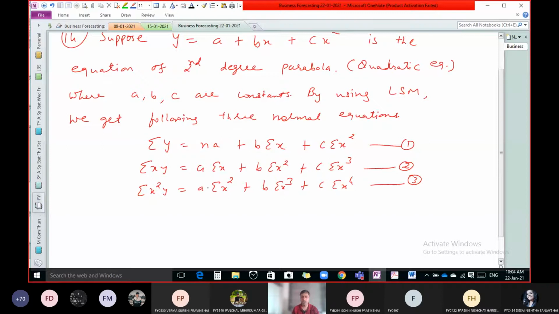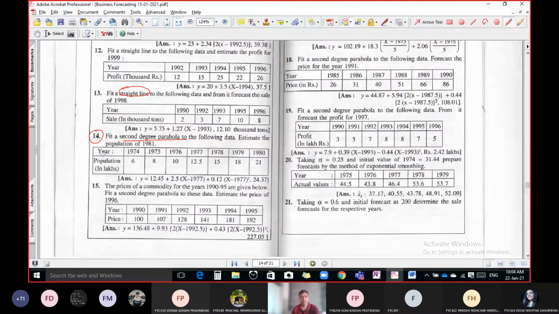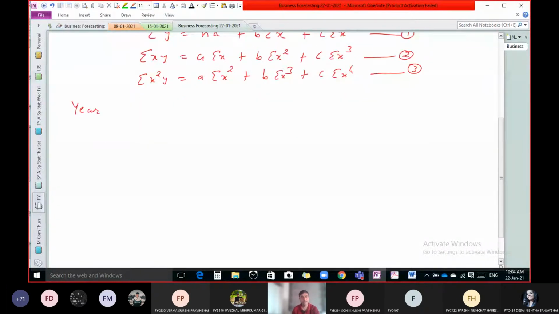So now we require sigma x, sigma y, sigma x square, sigma x cube. For that we require data, and here the data is given. Year is given: 1974, 1975, 1976.